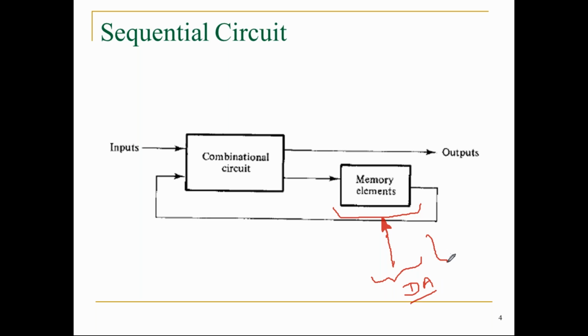I think you might have studied the same concept in your linear integrated circuits subject, called the phase locked loop. That is another important topic in your LIC subject. But here, again, please listen carefully. This memory element is called a latch. A nice name, latch. You know what is meant by latch?